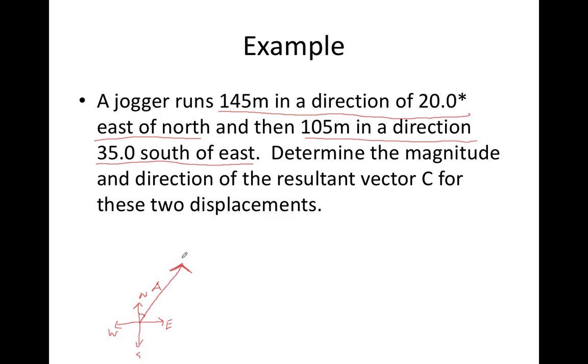The easiest way to do this is to draw a second compass at this location. And then it says 35 degrees south of east. So here's east. That means we're going to go 35 degrees south of east. So this angle is 35 degrees. And then we draw our second vector.